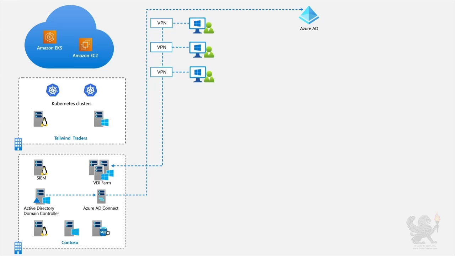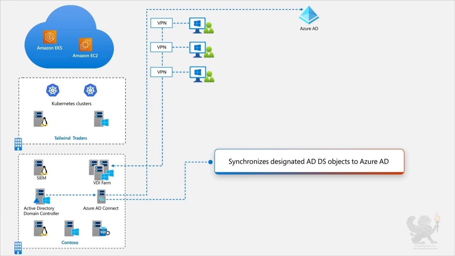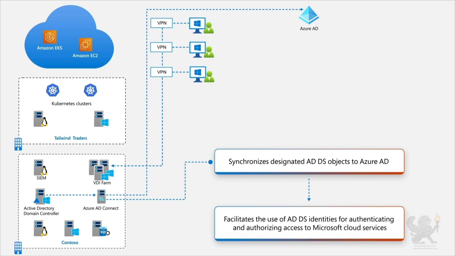Azure AD Connect provides the integration between the two identity providers by synchronizing designated ADDS objects to Azure AD. This, in turn, facilitates the use of ADDS identities for the purpose of authenticating and authorizing access to Microsoft Cloud services, including Azure and Microsoft 365.